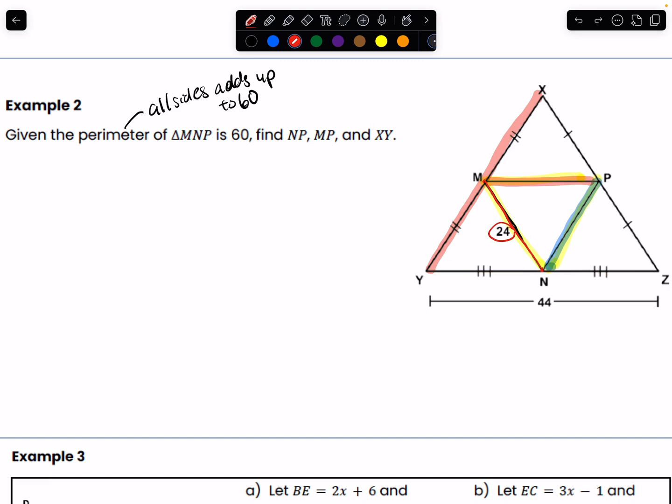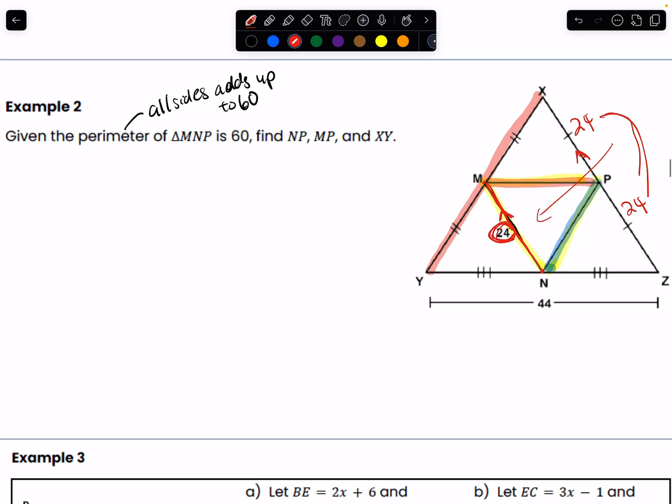So therefore, if this is the midsegment, then this line will be parallel to this line, and also this length right here is half of the length of my larger side, which means that this here must be 24 and this here must be 24 because they are equal length, right? Because if they are equal length and this is going to be double the length of this right here, then one of them will be 24 and the other one will be 24 as well.